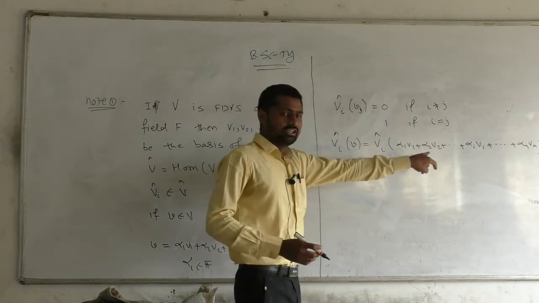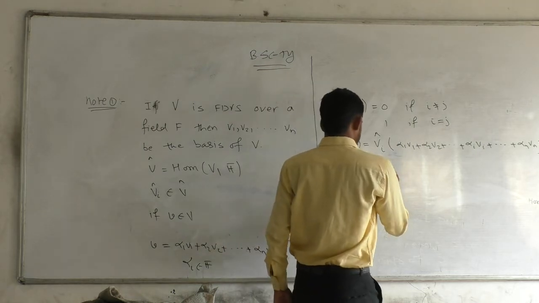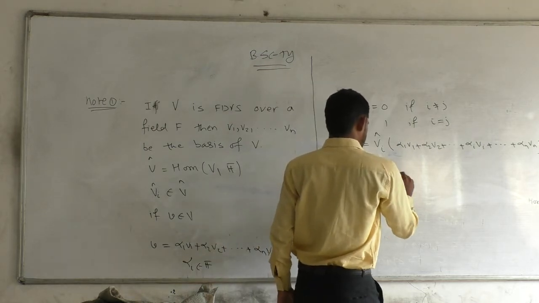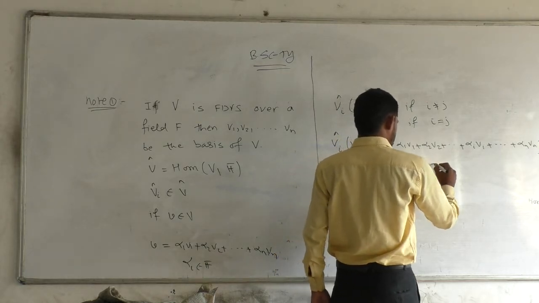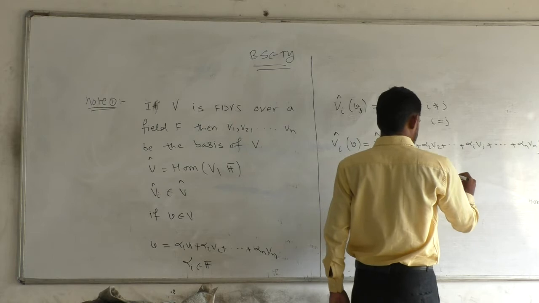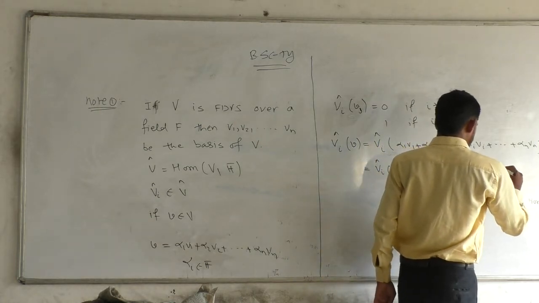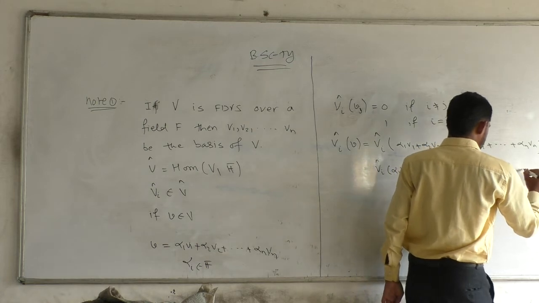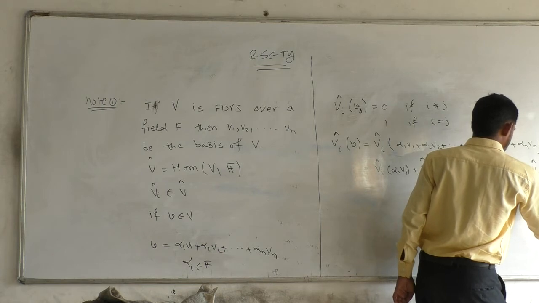Now vi dual is a linear functional, so from this step we can write another step: vi dual of alpha 1 v1 plus vi dual of alpha 2 v2 plus ... plus vi dual of alpha i vi plus ... plus vi dual of alpha n vn.